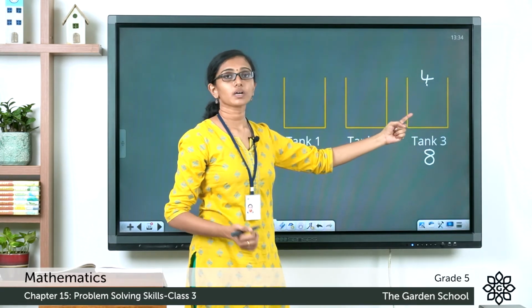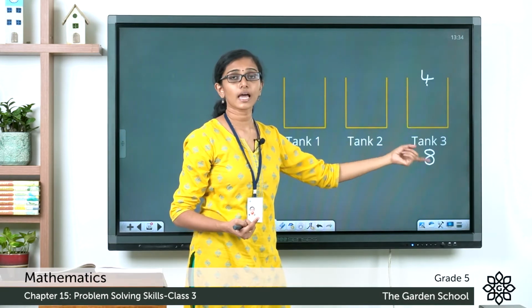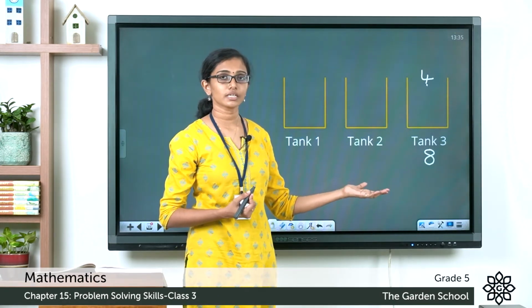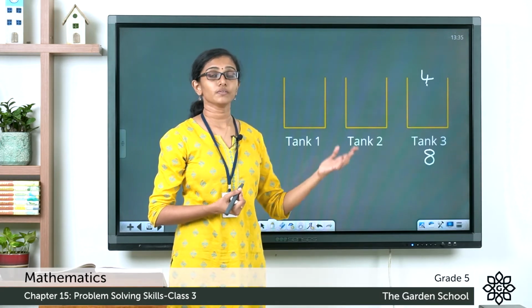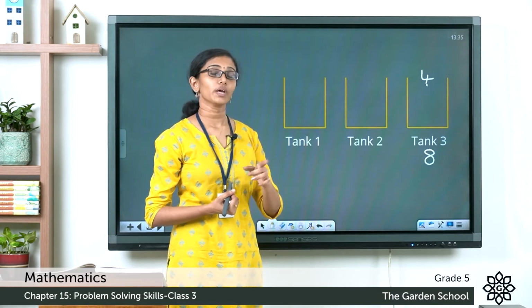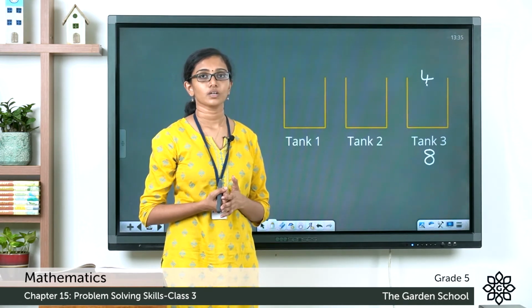She took a dip and the number of flowers got doubled to become 8. So when she came to the third tank, she had 4 flowers, which is the number she was left with when she gave away 8 flowers from her hand.